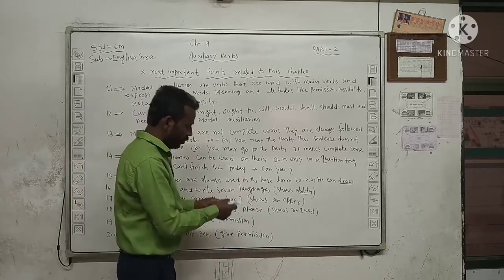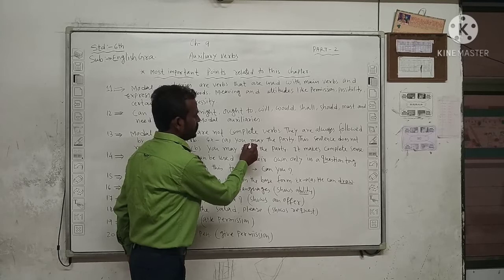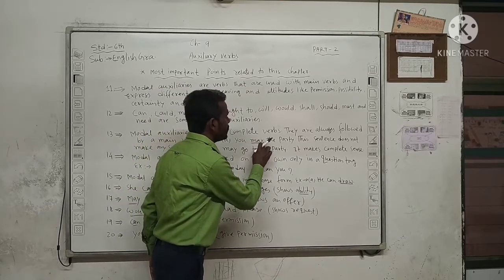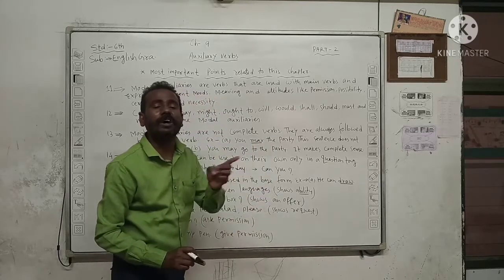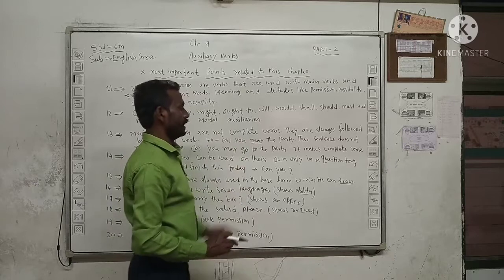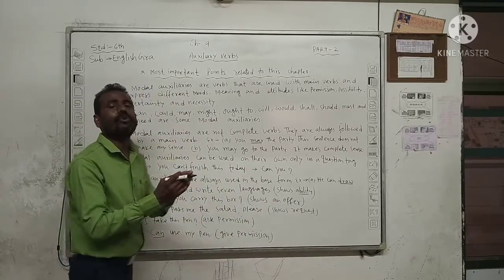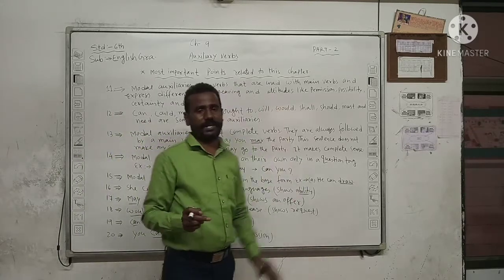Why? Because follow here, I am showing, you may. May is the modal, but after the modal there is no main verb. May के बाद कोई main verb नहीं है. That's why this sentence does not make any sense. इसका कोई sense मतलब कोई मतलब नहीं निकलता है. That is called incomplete.